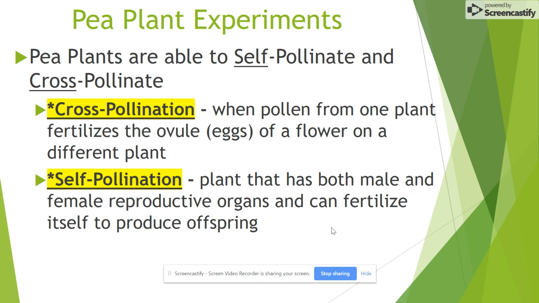Because the DNA in the self-pollinating plant is coming from the same plant, the offspring is going to be a clone or an exact copy of what the original parent plant was, theoretically. Because we're not introducing anybody else's DNA here. We are only talking about one plant.